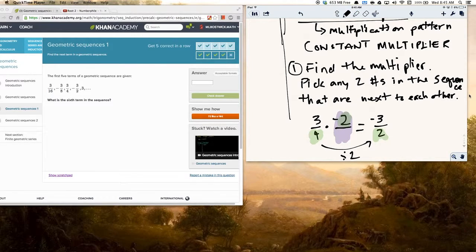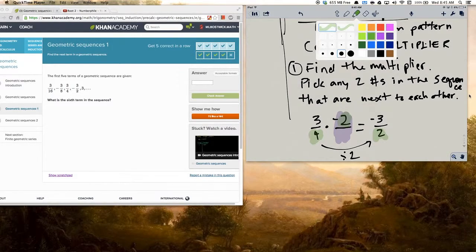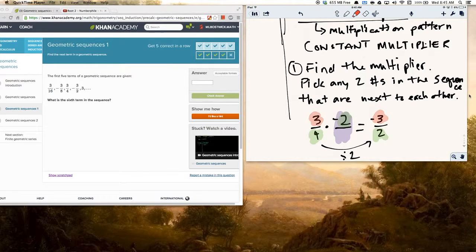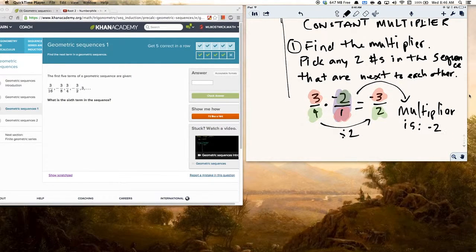Now I'll notice that 3 maintains the same thing. 3 ends up 3, and so I don't have to divide 3 by anything, which means I need to divide it by 1, because 3 divided by 1 is 3. And so that tells me my constant multiplier is negative 2 over 1, which is the same as negative 2.